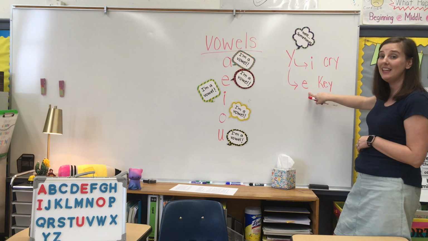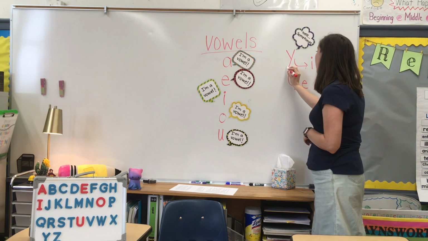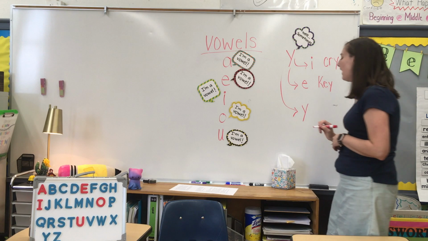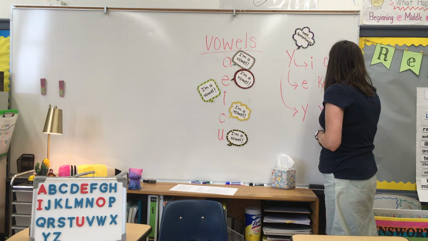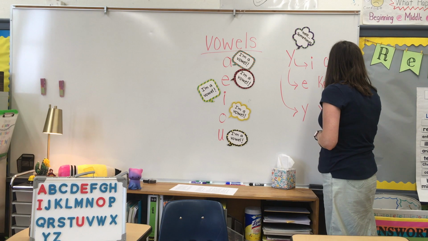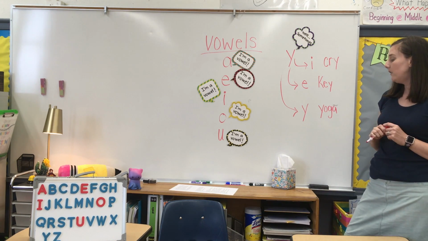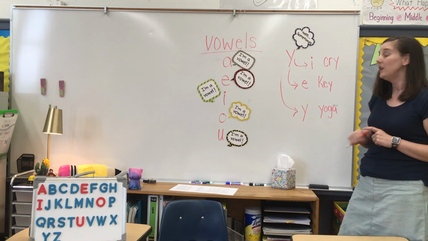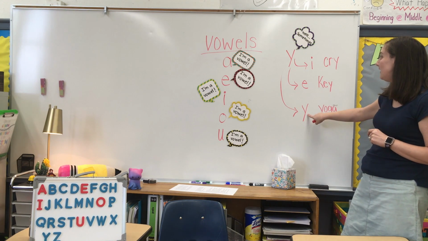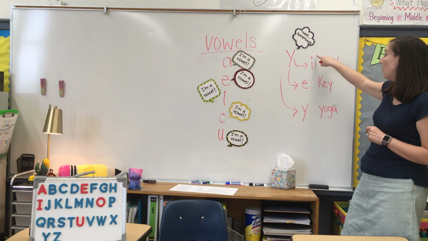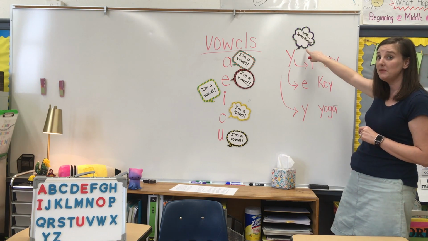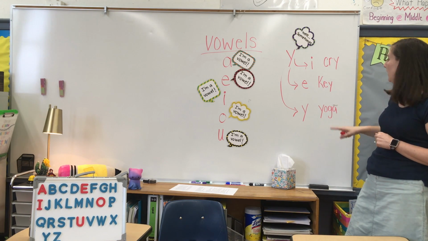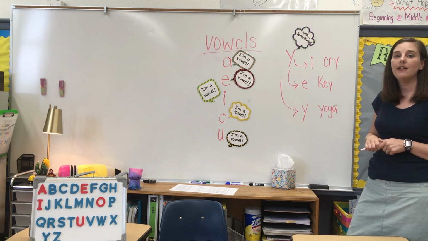Sometimes Y can make the E sound, but that's not all. Other times, Y can make the Y sound, like in the word yoga, or like in the word yell. So yoga and yell, you can make that sound. So Y can make different sounds, and sometimes it's a consonant, sometimes it's a vowel. These examples are acting as a vowel. This example is acting as a consonant.